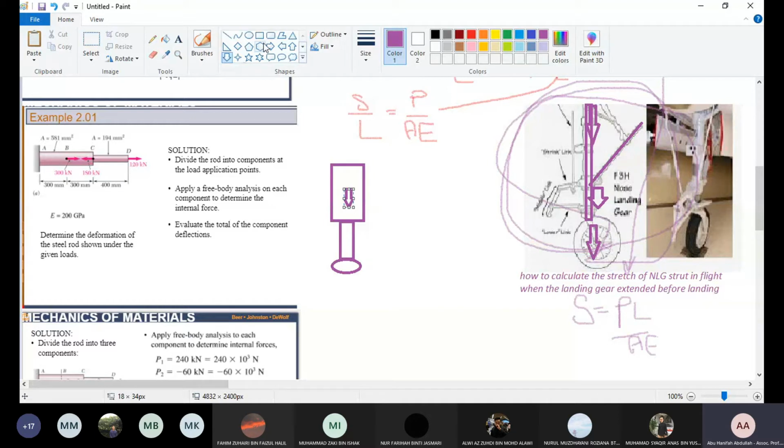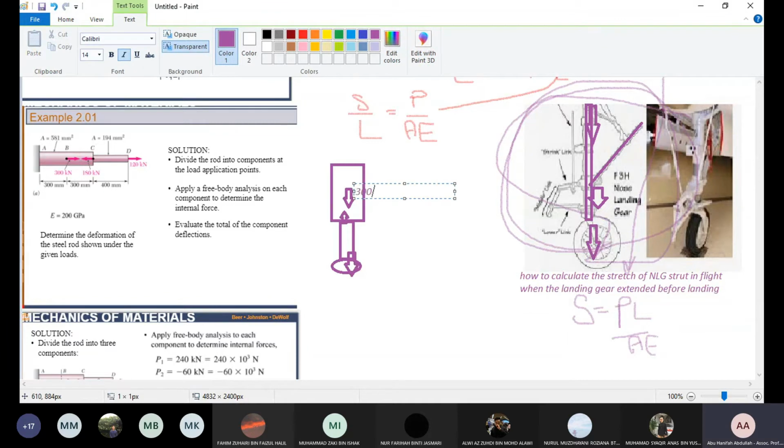We have a force going up. And we have the force coming down because of the weight of the wheels. So we have 300 kilonewton.